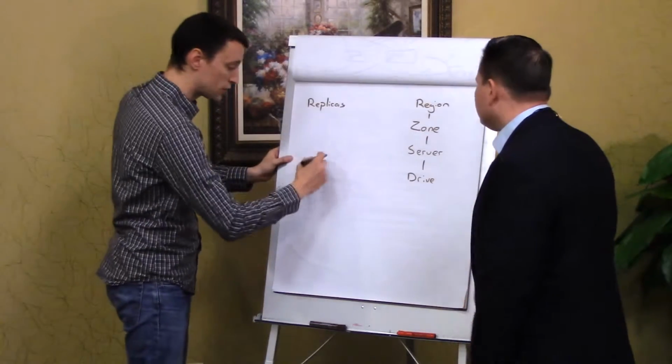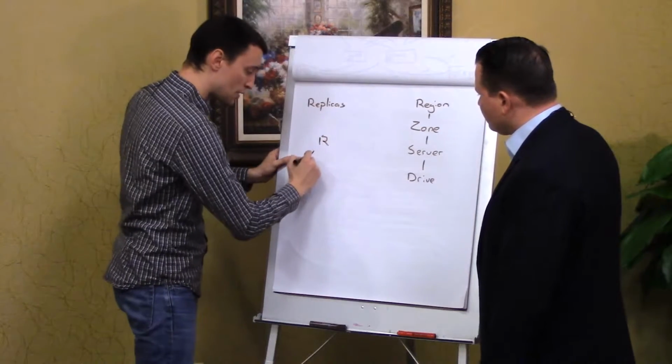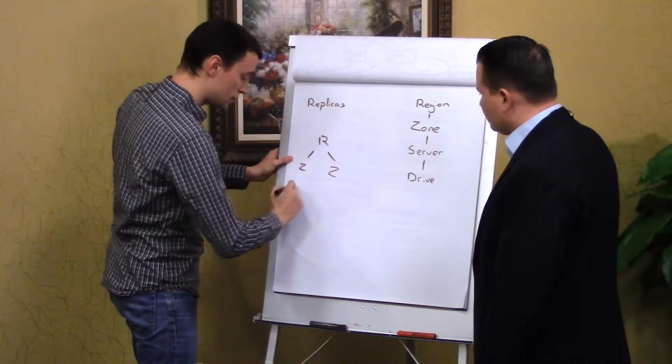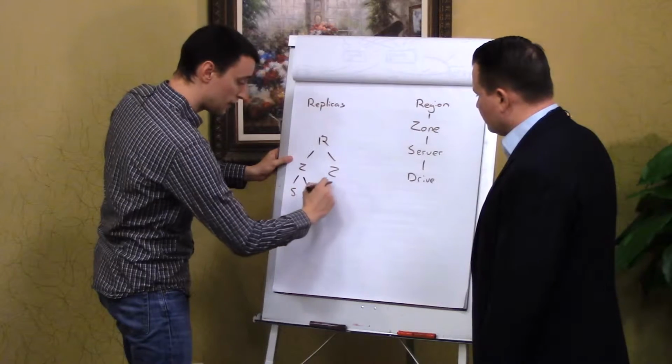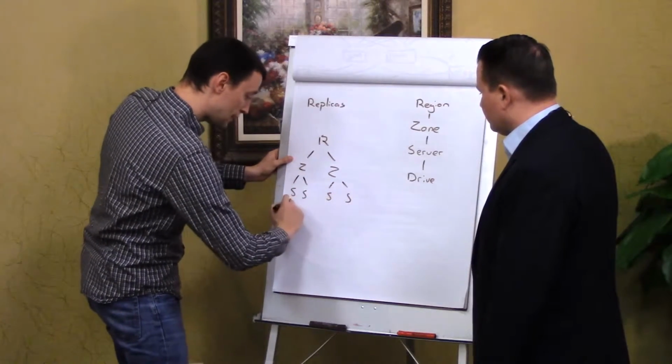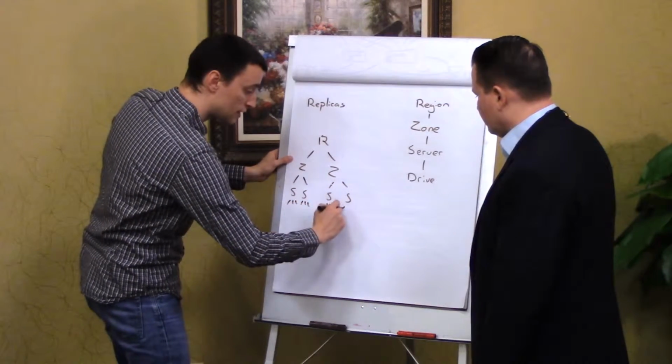So here's kind of how that works. If you've got the region at the top, you may have a couple of zones in there. Inside of that, you've got a couple of servers, and inside of each of those servers, you've got lots of hard drives.